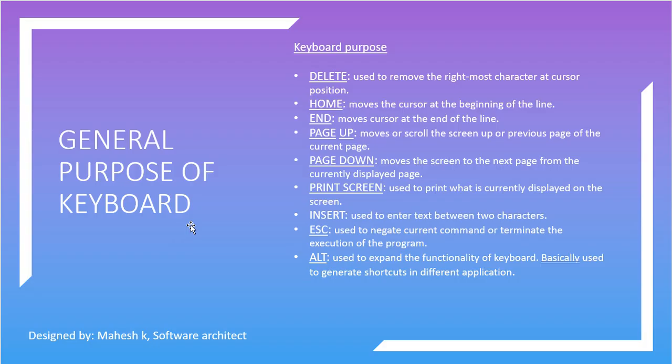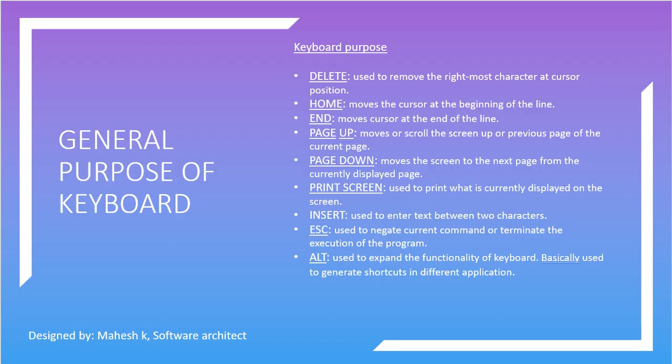Page down moves the screen to the next page. Print screen is used to print what is currently displayed on the screen. Insert is used to enter text between two characters. Escape is used to negate the current command or terminate the execution of a program. Alt is basically used to generate shortcuts in different applications.